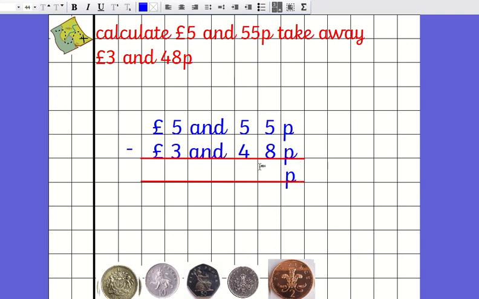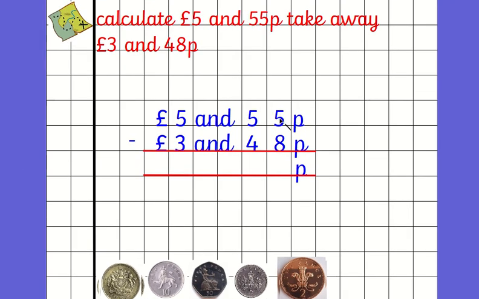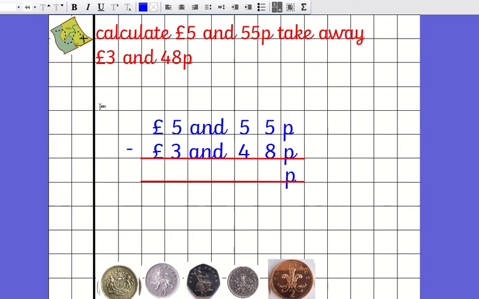5 take away 8. If I've got 5, I physically cannot take 8 whole ones away from it. So what I do is I go next door. I'm just going to put, before I do that actually, the hundreds, tens and ones headers in, because that will really help you today.